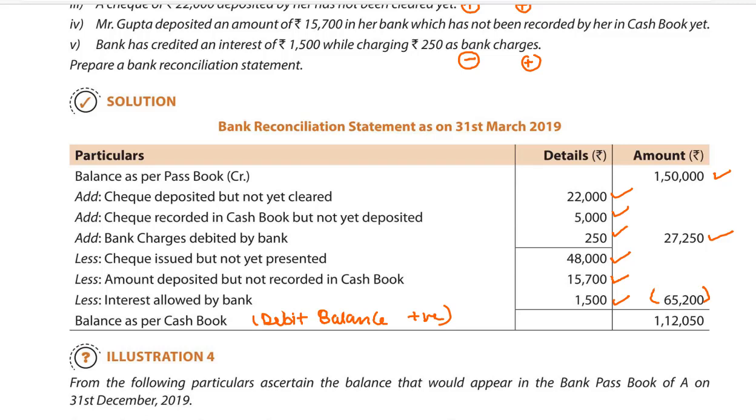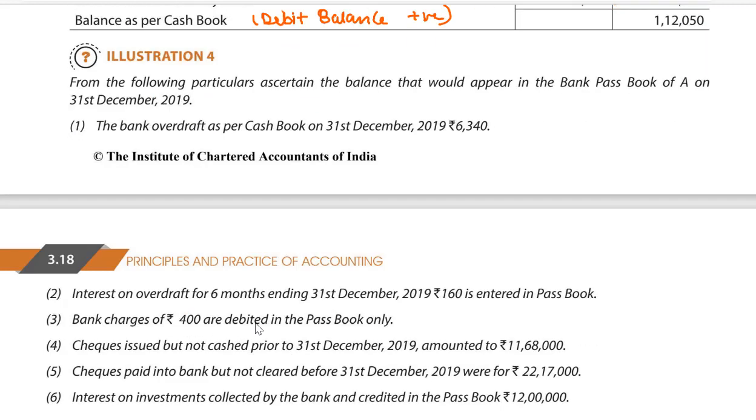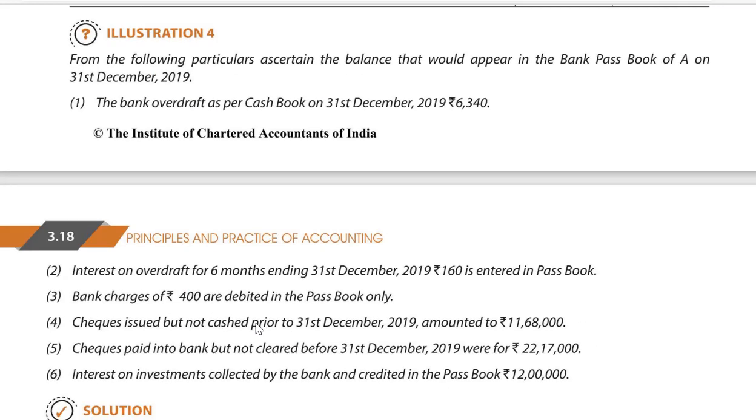We are seeing illustration 4 now. From the following particulars, ascertain the balance that would appear in the bank passbook of A on 31st December 2014. The bank overdraft as per cash book is given over here, 6340. This is a credit balance.